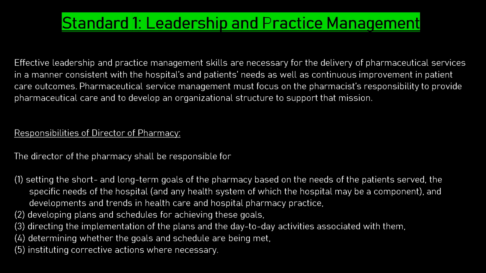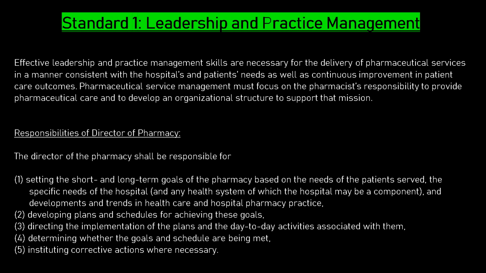Number one, setting the short and long term goals of the pharmacy based on the need of the patient served, the specific need of the hospital and any health system in which the hospital may be a component, and develops and trains in healthcare and hospital pharmacy practice.